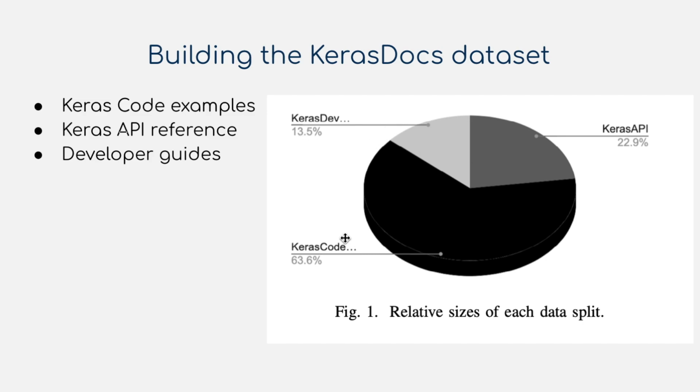Similar to Keras code examples, these are a collection of tutorials of how to use the API, whereas the key difference between the developer guides and the code examples is that the code examples are end-to-end examples like point cloud classification or CT scan classification, whereas Keras dev guides are more like short examples of how to compile a model or how to write a custom loss function or how to write a custom train step with accessing the gradients in the Keras framework.